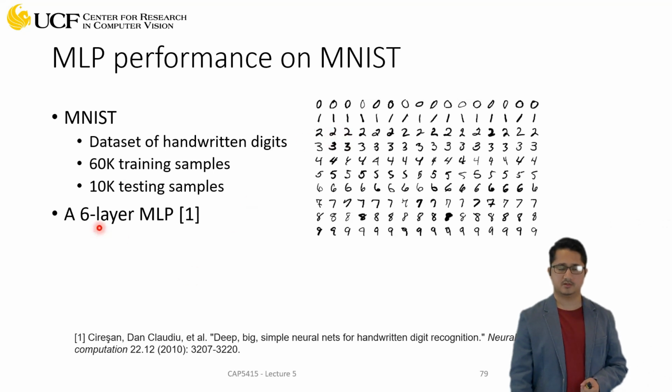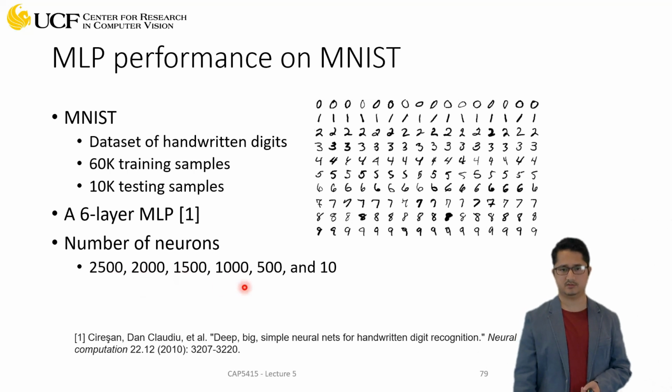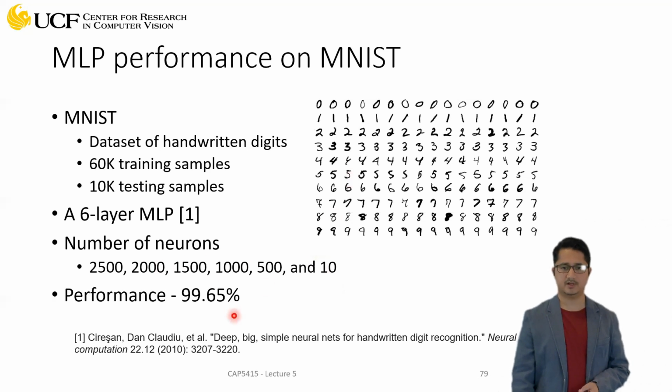If you build a very simple 6-layer multi-layer perceptron, as we described earlier, where the first layer has around 2,500 neurons, then 2,000, 1,500, 1,500, and then 10 neurons at the end because you have 10 different classes, this structure actually performs really well, and you can achieve a performance of 99% on this dataset.